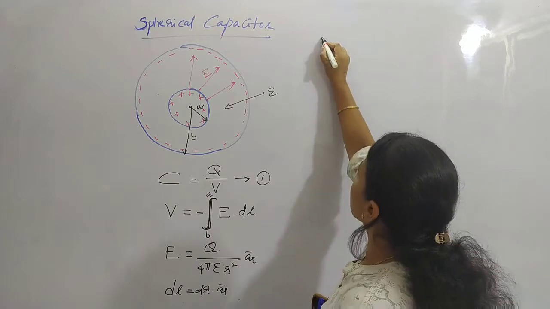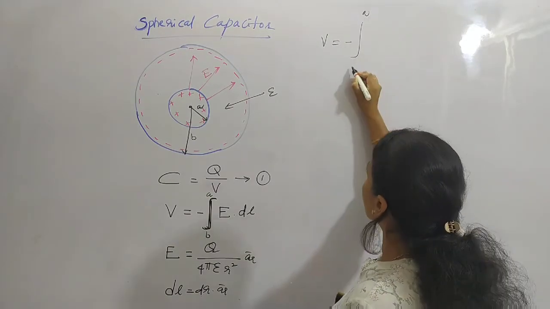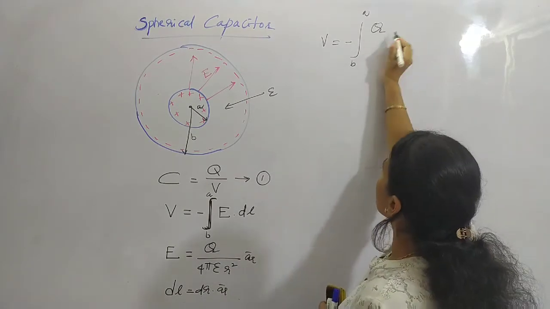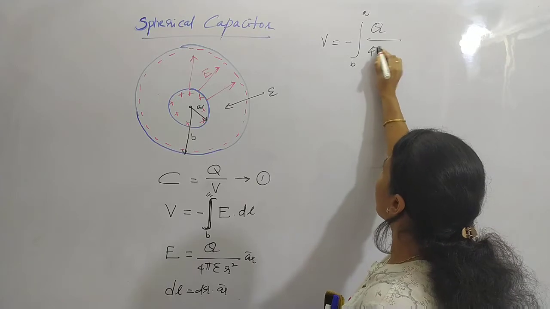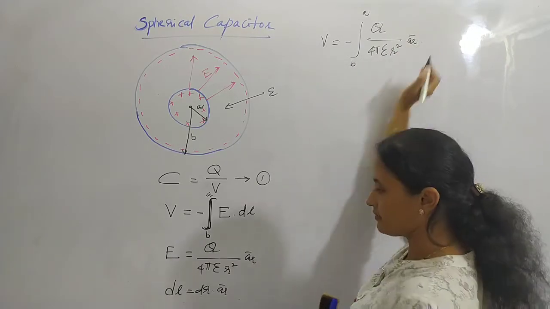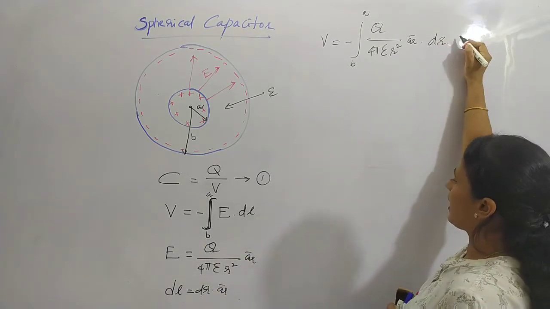So V is given by minus integration A to B of E dot dl. E is given by Q by 4 pi epsilon r square AR, and dl is dr AR.